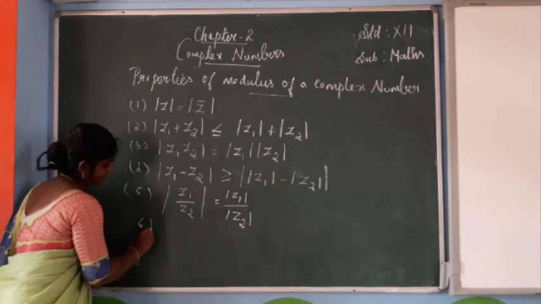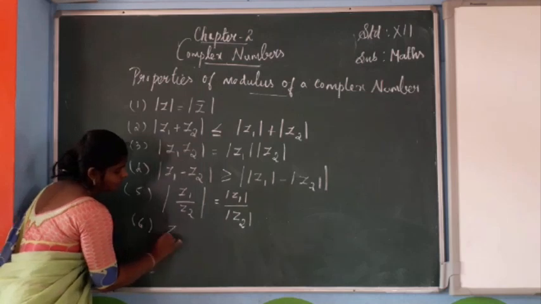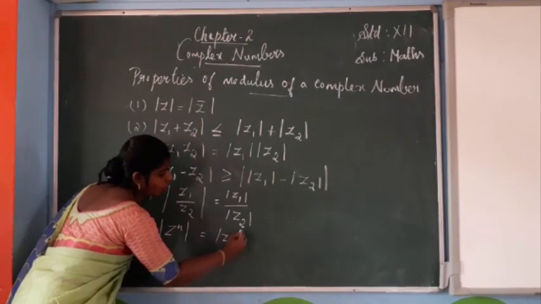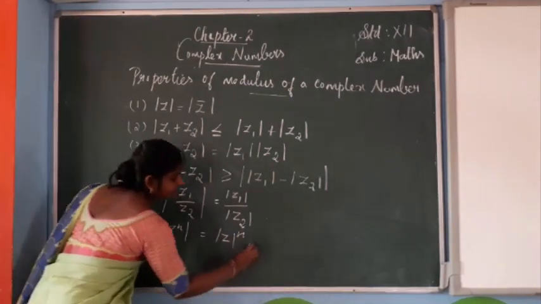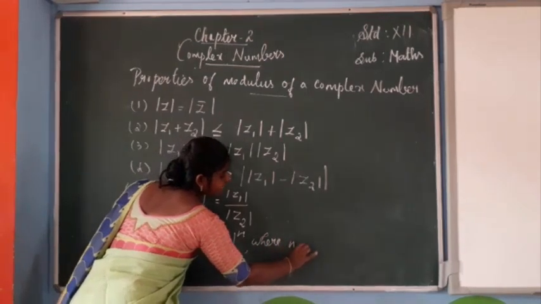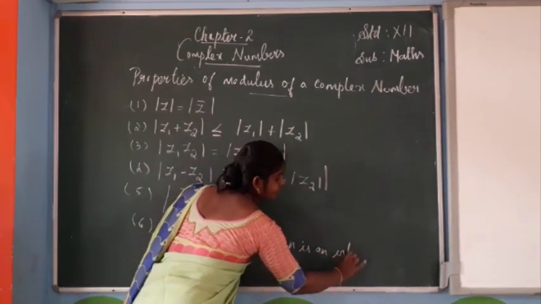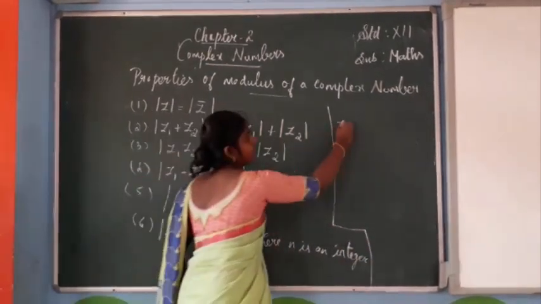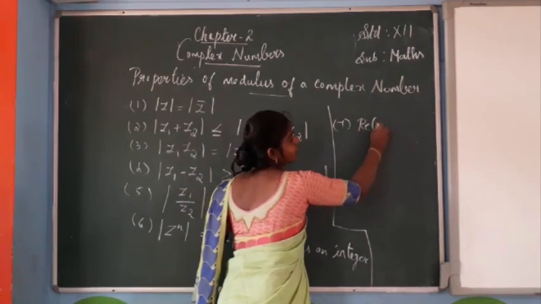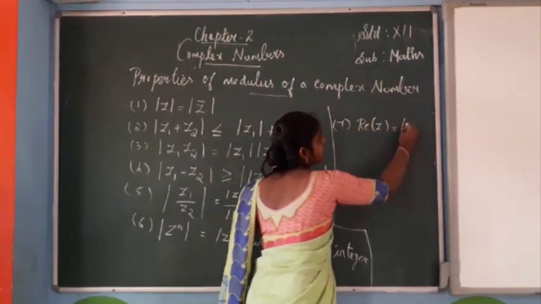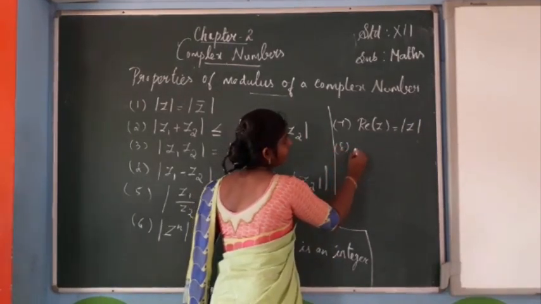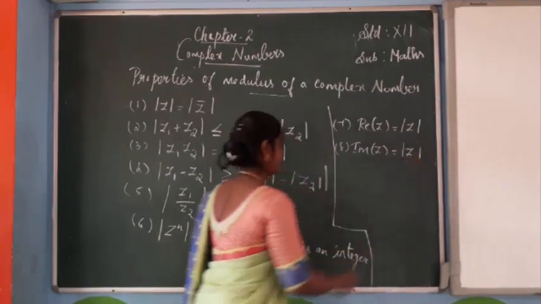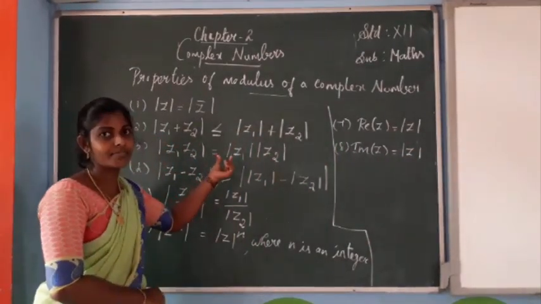Sixth one, modulus z power n is equal to modulus z the whole power n, where n is an integer. Seventh one, real part of z is less than or equal to modulus z. Eighth one, imaginary part of z is less than or equal to modulus z. These are the 8 properties of modulus of a complex number.